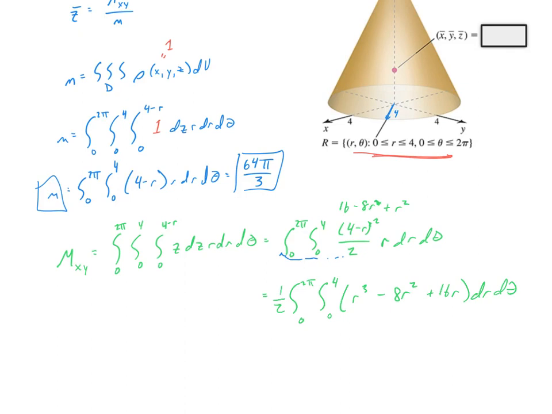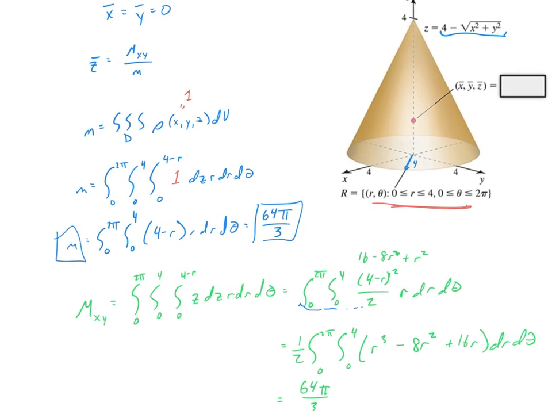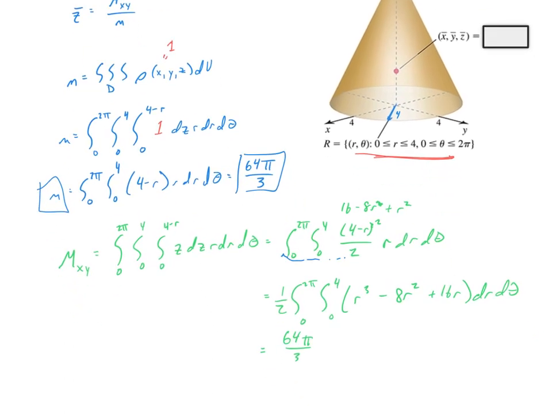It's a little bit messier with all of our terms, but what you end up with, exactly like the previous integral, is 64 pi over 3. Go through the last two steps and focus on your calculator because there's a lot to keep track of. You do get 64 pi over 3 for both the mass and the moment.